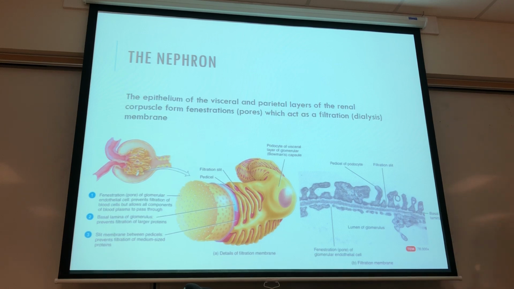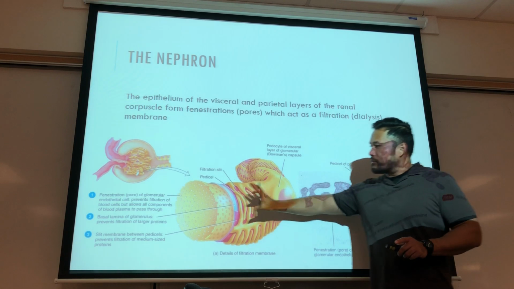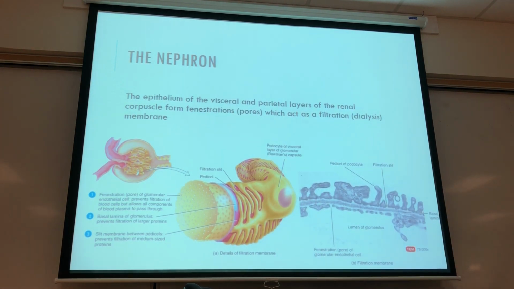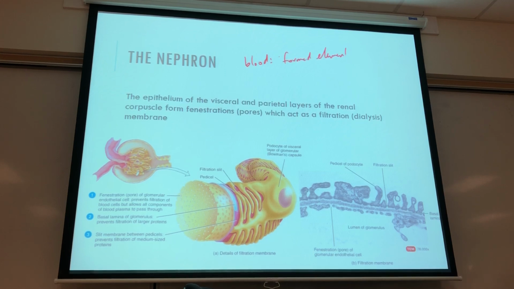We have multiple layers that assist in keeping bigger objects within the capillaries. Things that need to stay in the blood are formed elements. You want to keep your red blood cells in there.